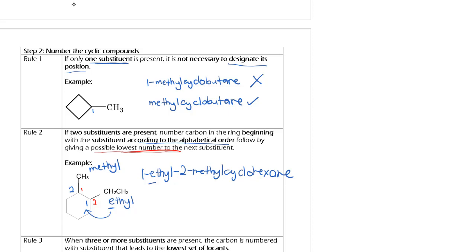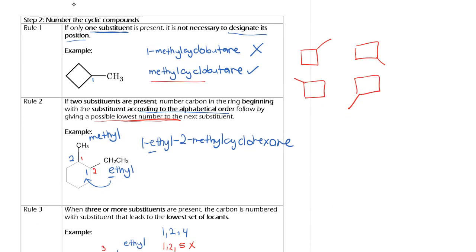We only write down methyl cyclobutane, because we understand methyl can be at any carbon, since methyl cyclobutane can look like this.